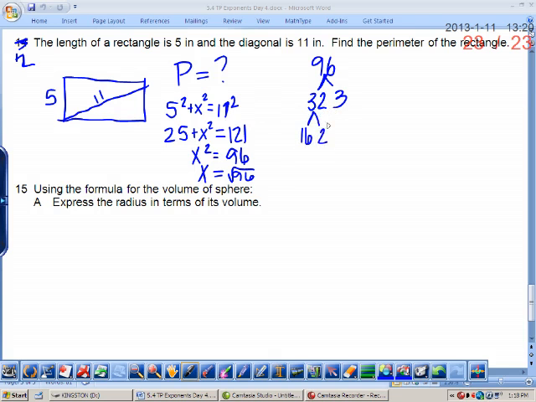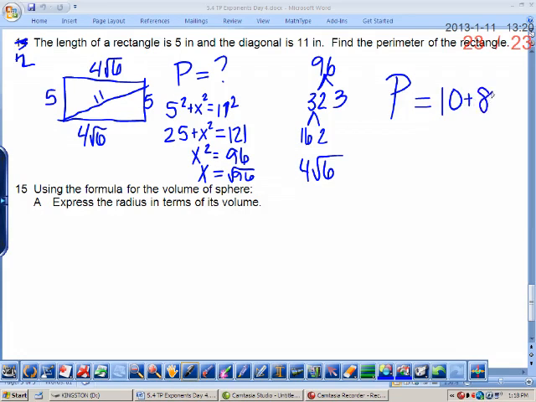Well, 16 is a perfect square, so it would be 4 root 6. That means this width down here is also 4 root 6, and this length is 5. So if I want to find the perimeter, what would it be? 8 root 6 plus 10 inches. Very good.